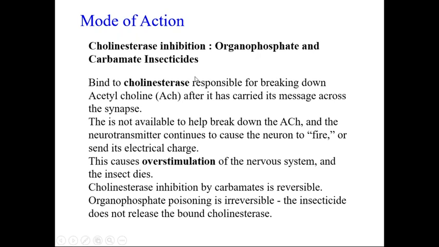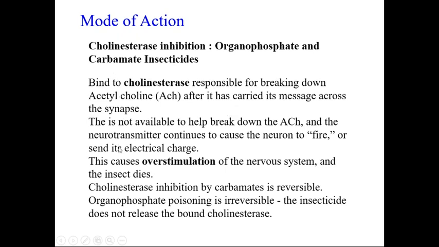The organophosphate is an irreversible inhibitor of cholinesterase. We know about reversible and irreversible inhibitors. So it completely inhibits cholinesterase. So therefore, when acetylcholine is taken into the nerve synapse, it cannot be broken down.